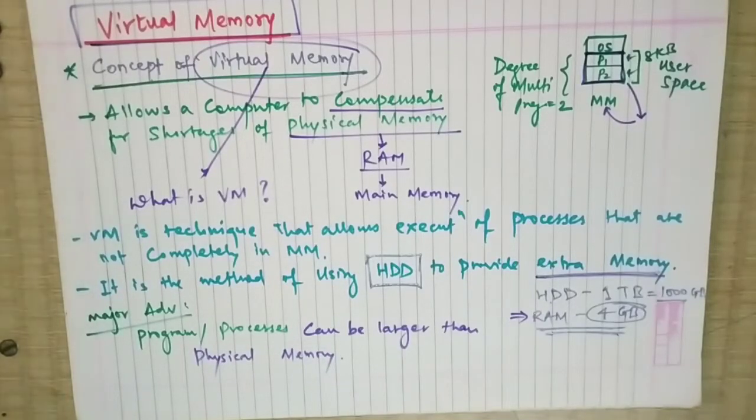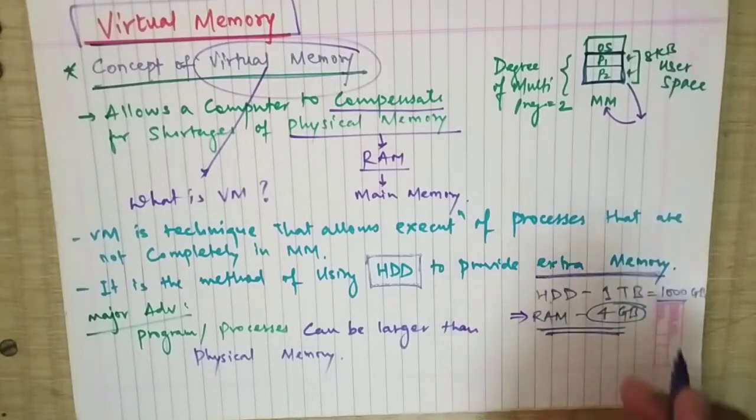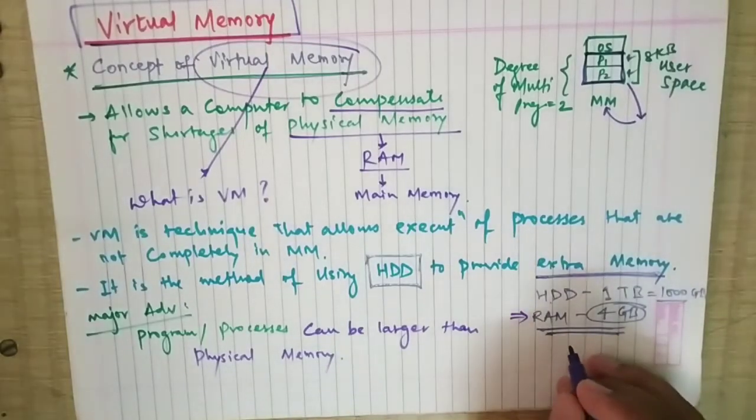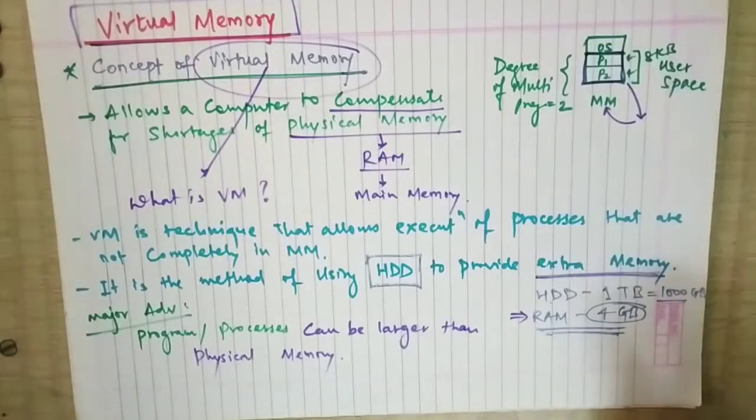On a virtual memory system, the logical memory space available to the program is totally independent of the physical memory space. So we can use the hard disk space as virtual memory, and your RAM can be extended.